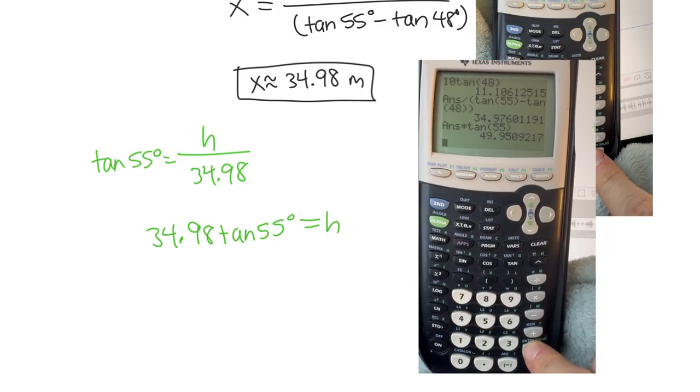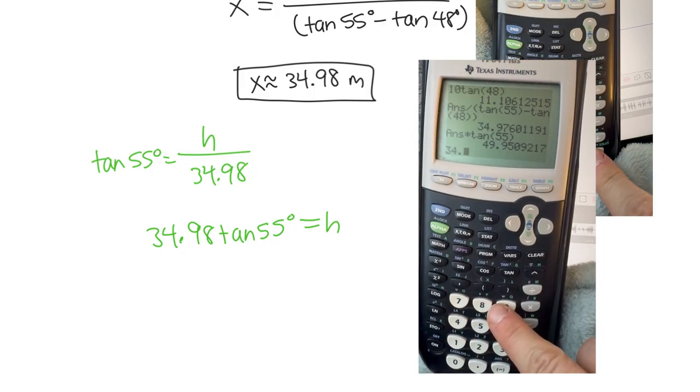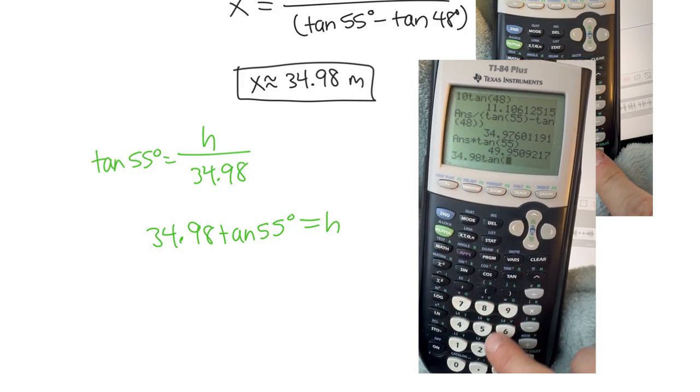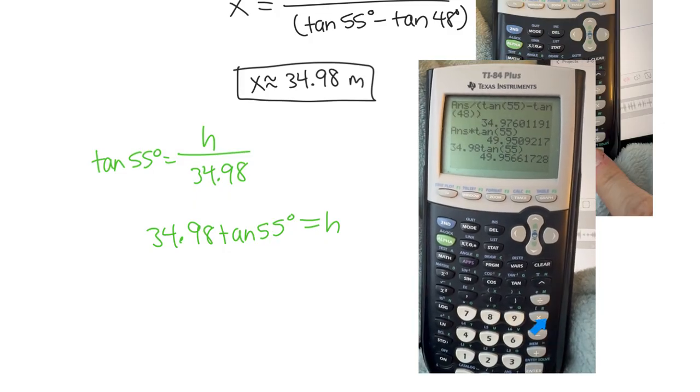Now watch the difference. Now I'm going to do the estimate times the tangent of 55 degrees. When I do that, it's very similar but not exact. We have the same first two digits and then it changes. For this one, if you round to the nearest hundredth, it's 0.95.